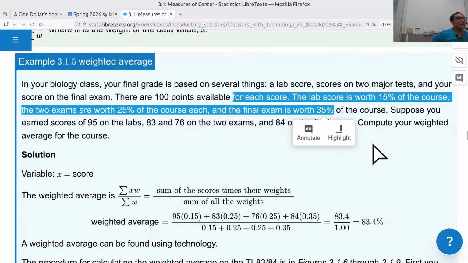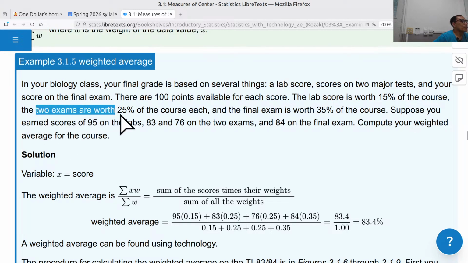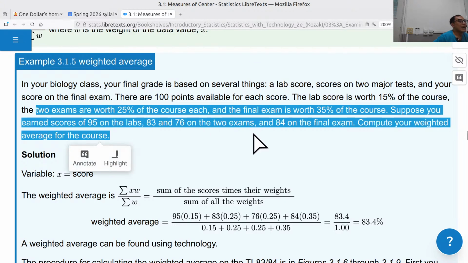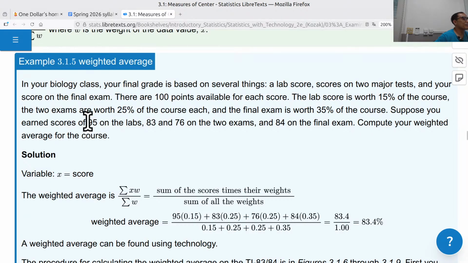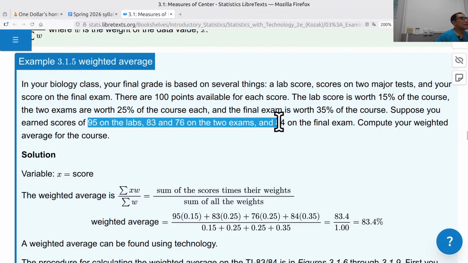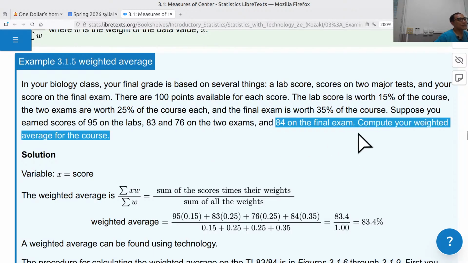The lab score is worth 15% of the course, the 2 exams are worth 25% each, and the final exam is worth 35% of the course. Suppose you earn 95 on the lab, 83 and 76 on the 2 exams, and 84 on the final exam. Compute your weighted average for the course.